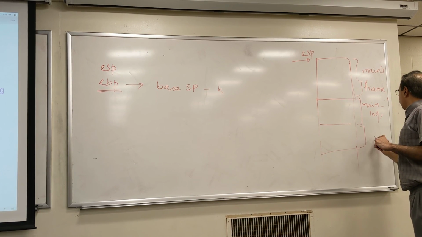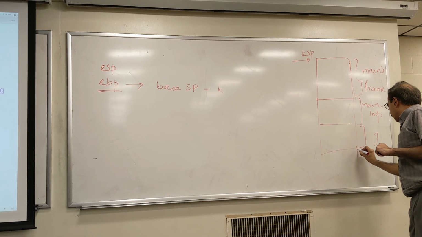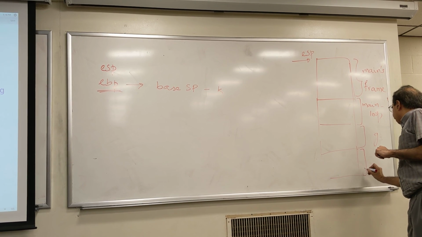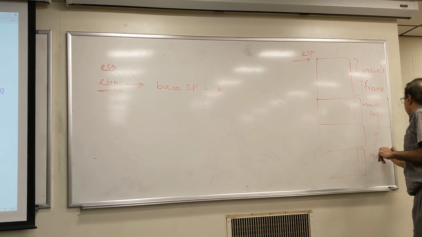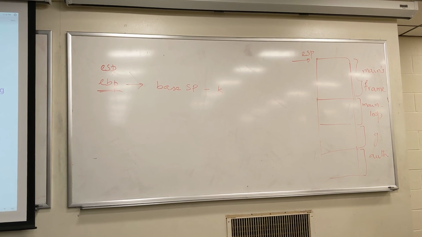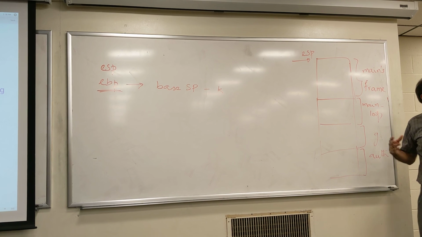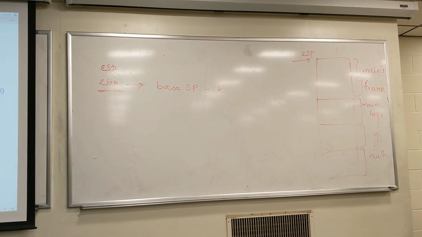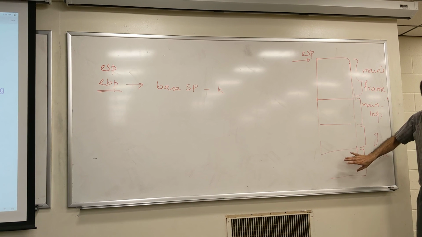Then there is G, and so on. So these are the stack frames, and the sizes of these stack frames obviously don't change. It's the same program, so these things are going to remain the same.